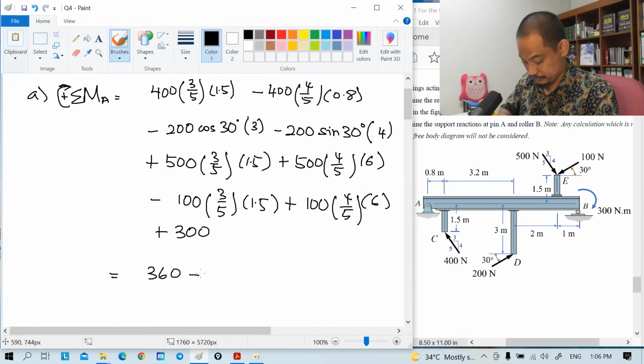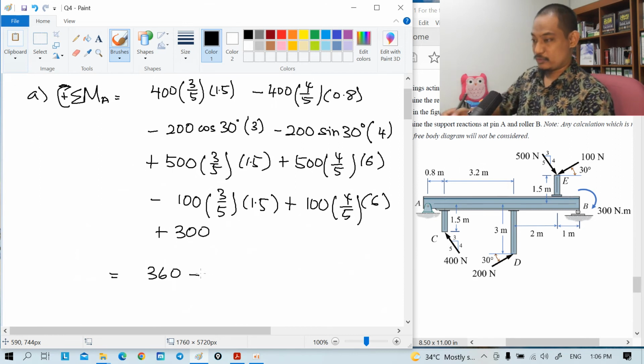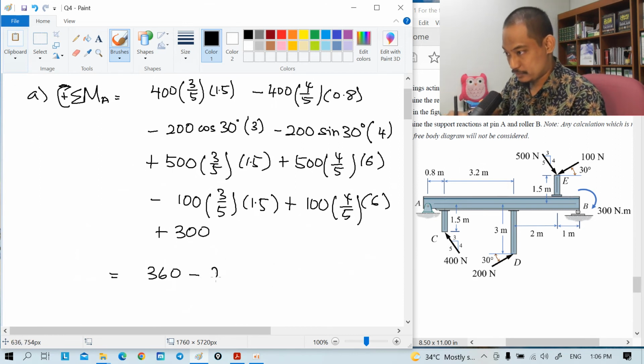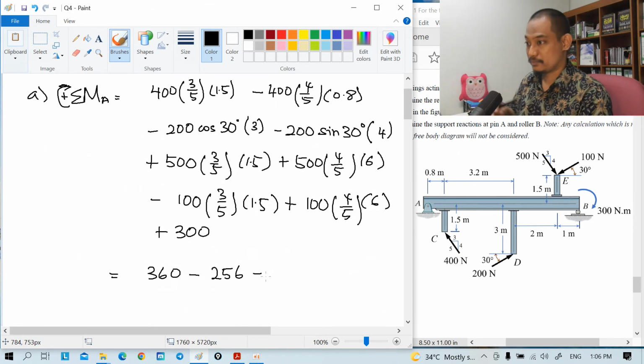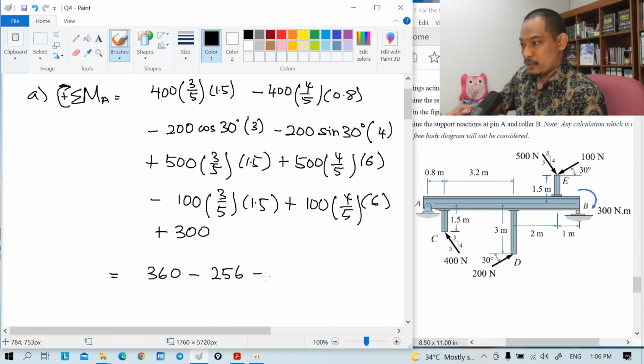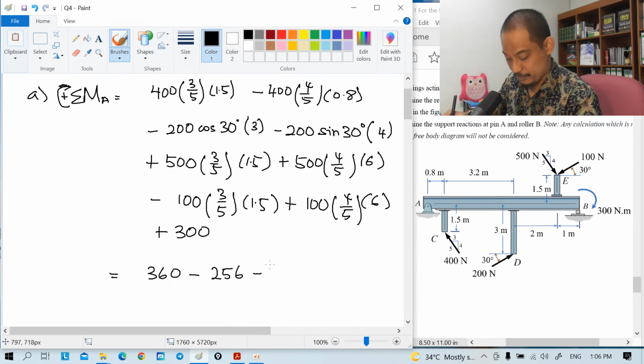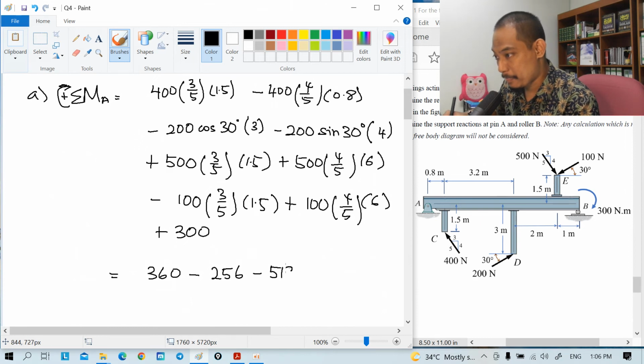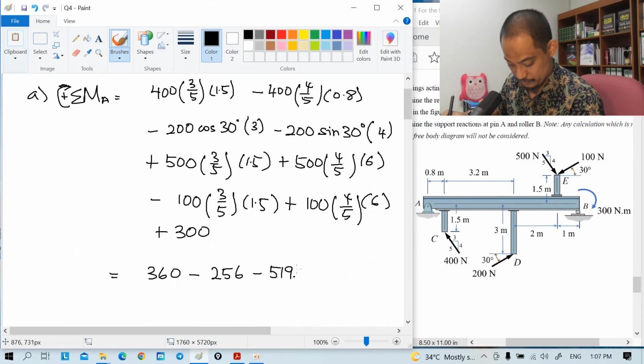And then minus 400 times 4 over 5 times 0.8, which is 256. Minus 200 times cos 30 times 3, which is 519.6.